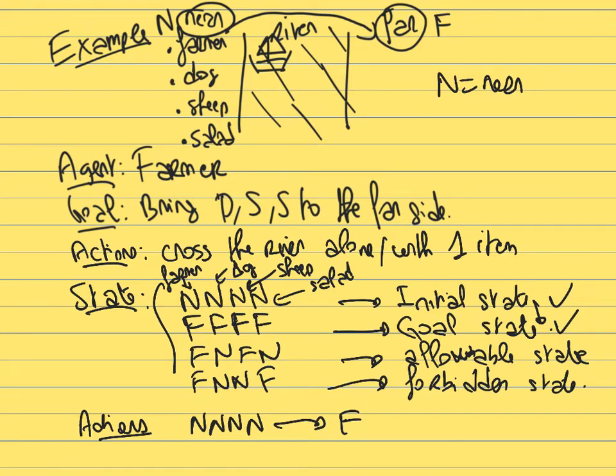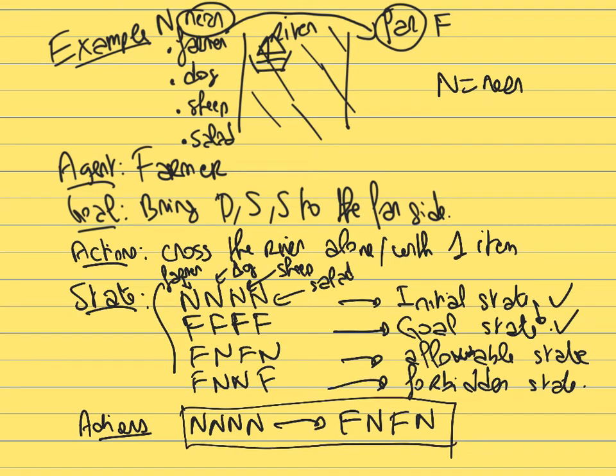And maybe the farmer will take the sheep on its boat. So the dog will remain on the near side, the sheep will now move to the far side, and the salad will remain on the near side. So this action is one of the possible actions. It's a transition from one state to the next.